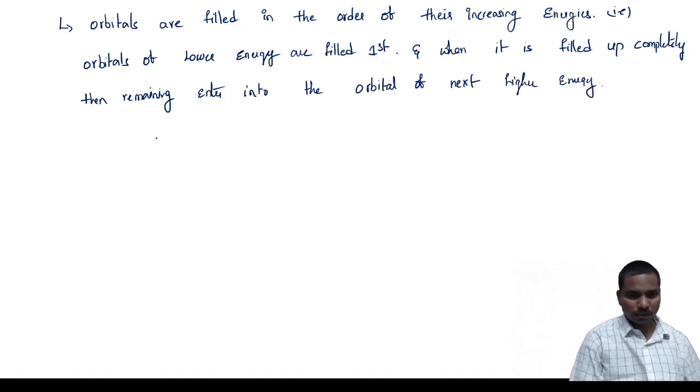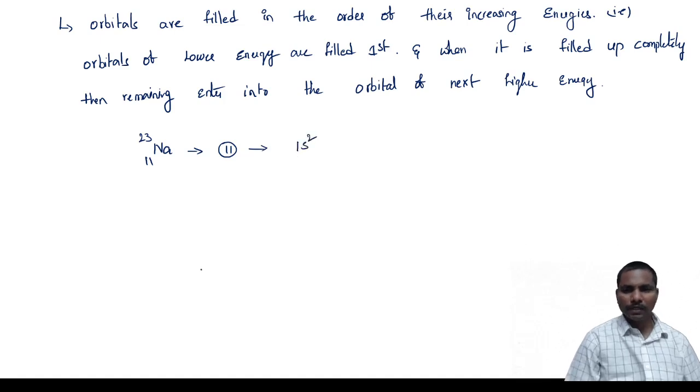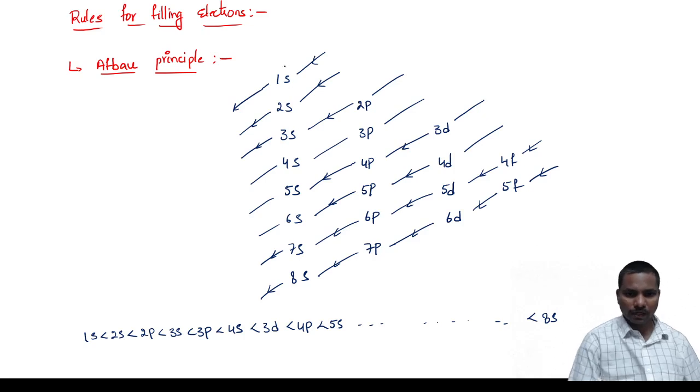For example, consider sodium, 11, 23. The atomic number is 11, so it has 11 electrons. First of all, it fills 1s completely with lower energy, and then 2s2, and then 2p6. First 1s, 2s, and then 2p. After that 3s.